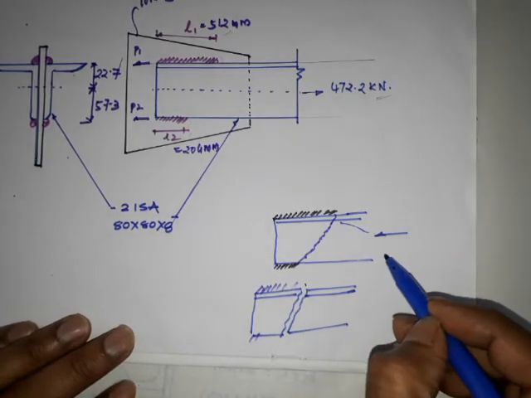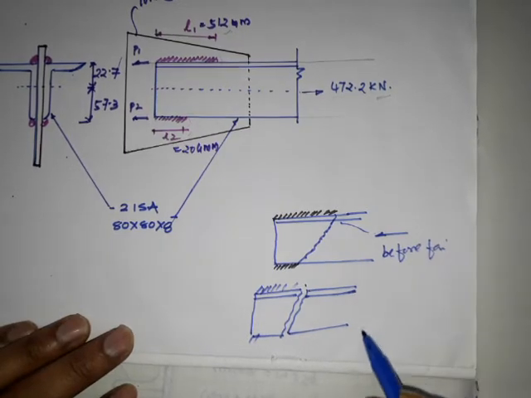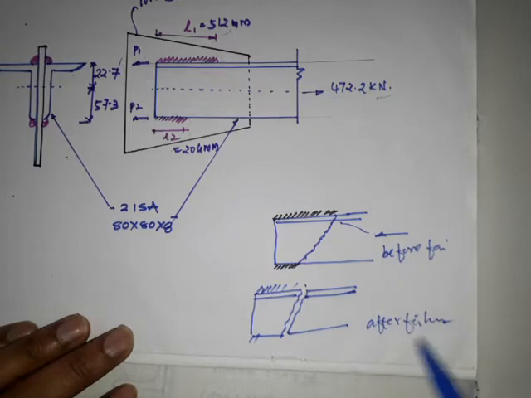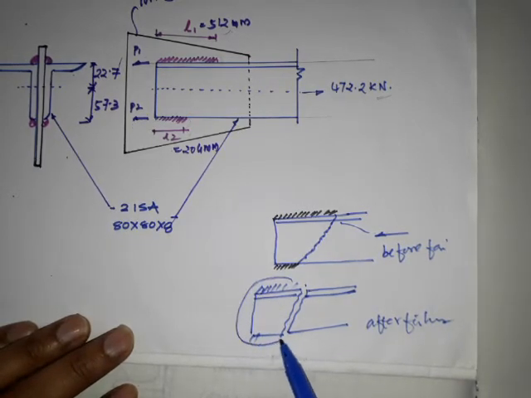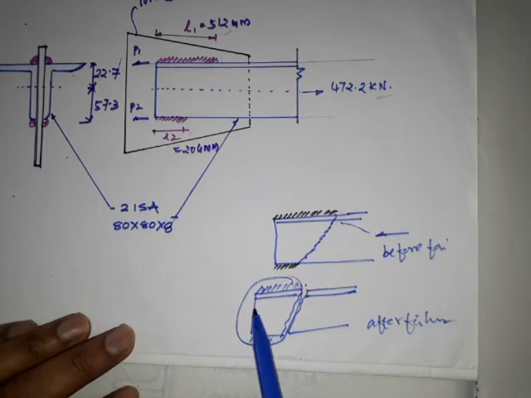This is before failure, and this is after failure. So this part will fail as a block or a segment. The total part will come out because of the force.